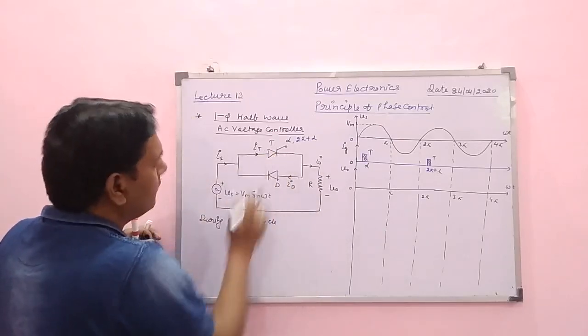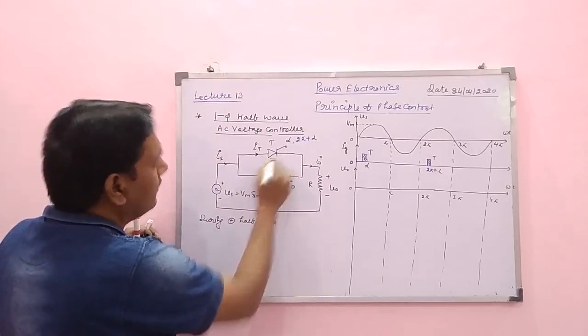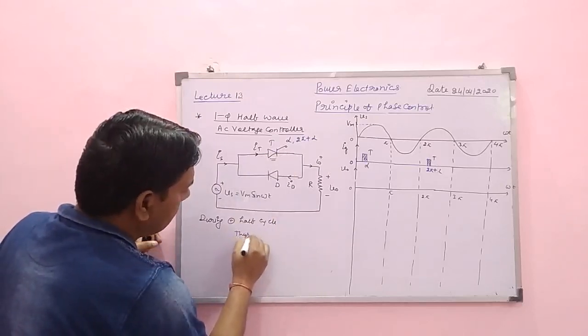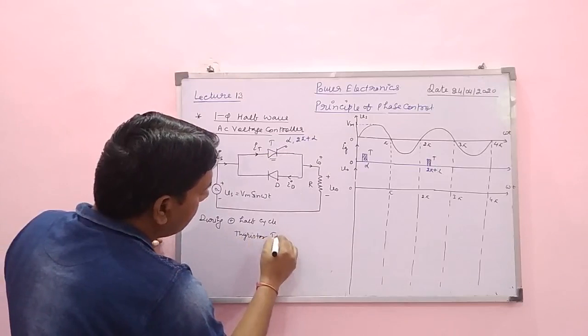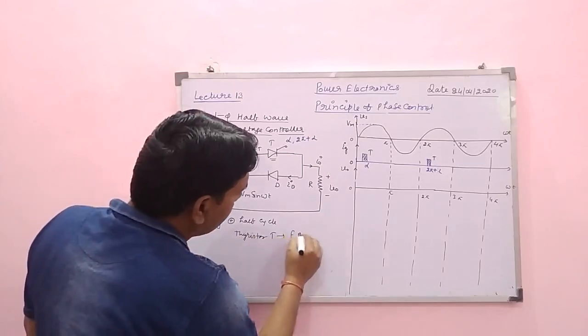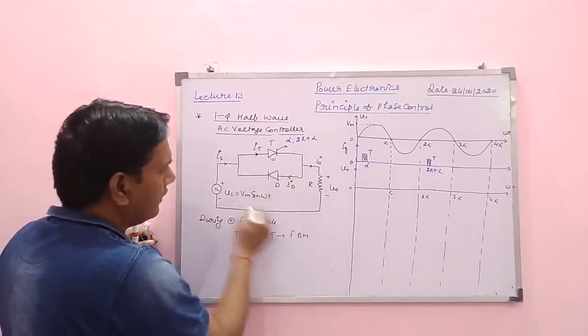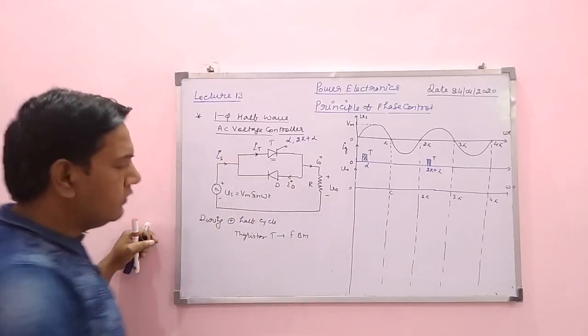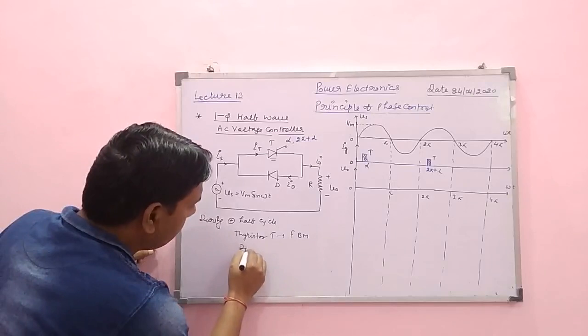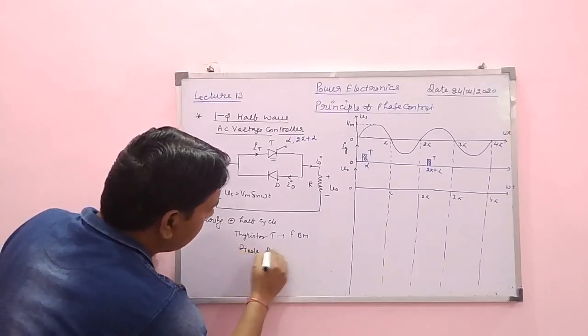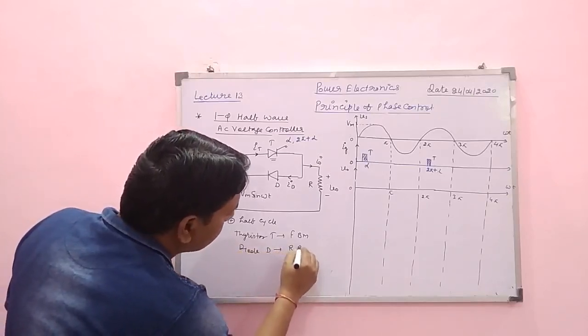That's why during the positive half cycle the thyristor T is in forward blocking mode. And the anode of this diode is connected to negative and the cathode is connected to positive. That's why this diode D remains in reverse bias condition.